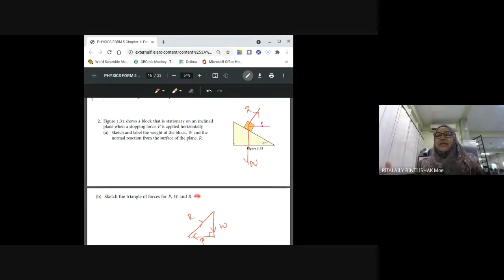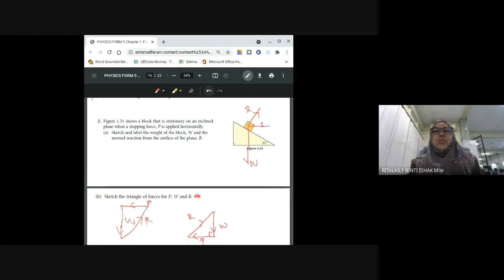Atau awak nak ubah cara lukis yang lain, boleh juga. W, P. Tak boleh. Ini tak boleh sebab dia tak cycle. So W, P. Boleh juga.